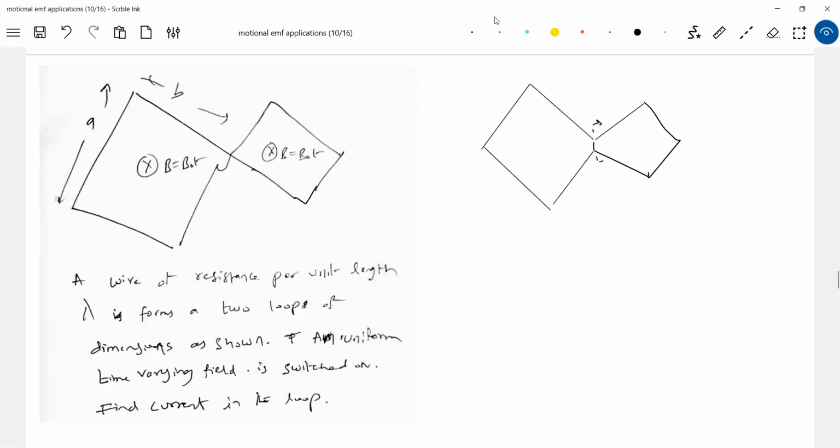Okay, let's come to flux negative. B bar is into the plane, so flux is negative, and negative flux increasing means d phi by dt will be negative, so the EMF induced is positive. So how should the induced current flow in both the loops? Anti-clockwise.